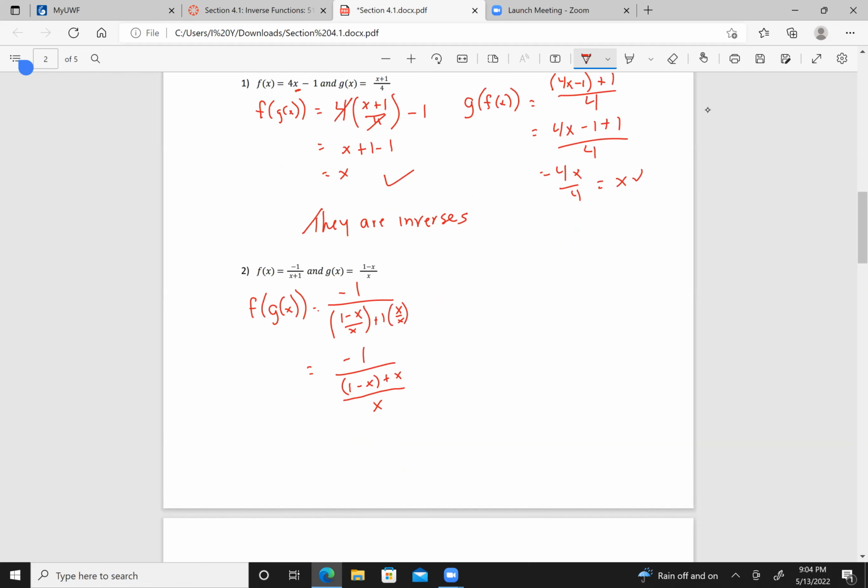Continuing on, I get -1 over (1 minus x plus x) over 1 over x. Multiplying by x over x, I get negative x over 1, which is negative x. So this is not inverses. I need positive x.